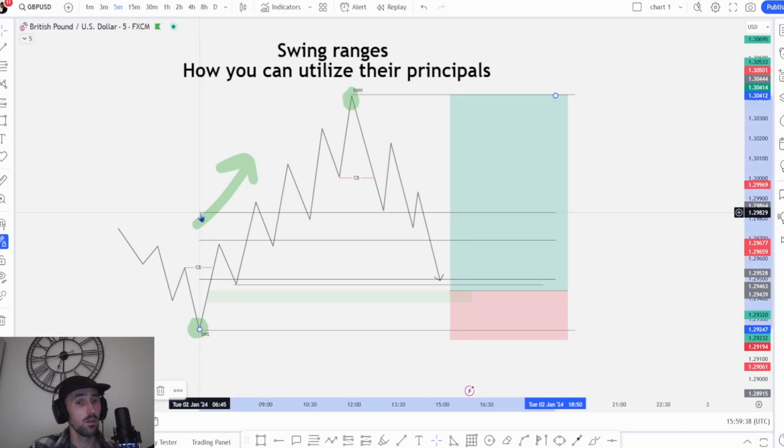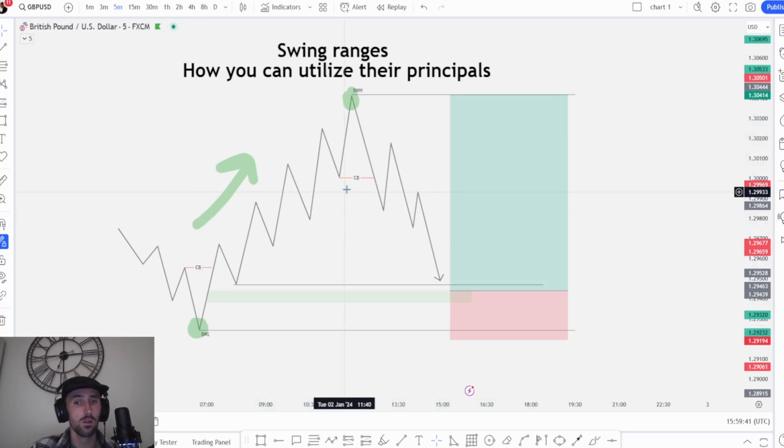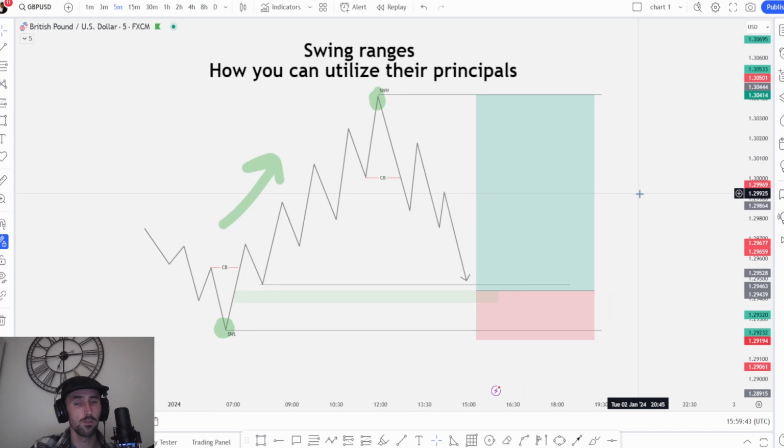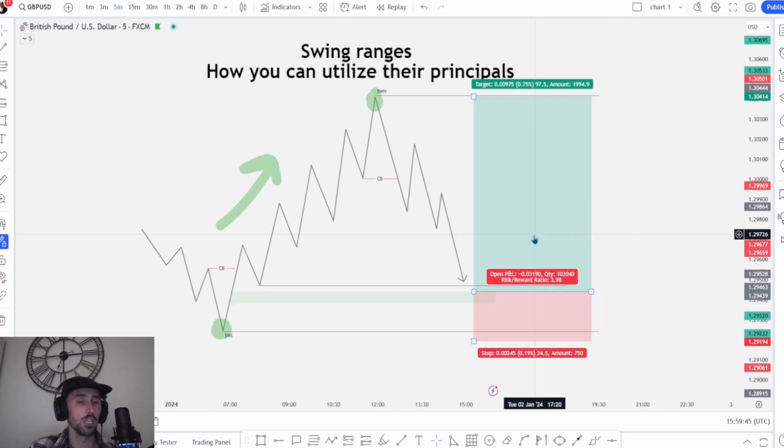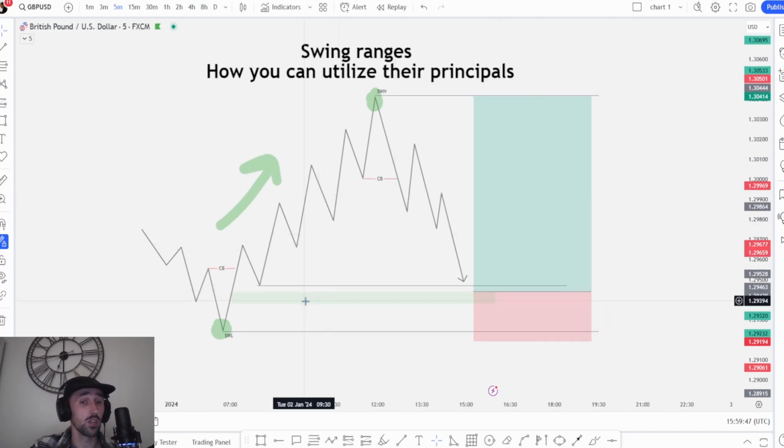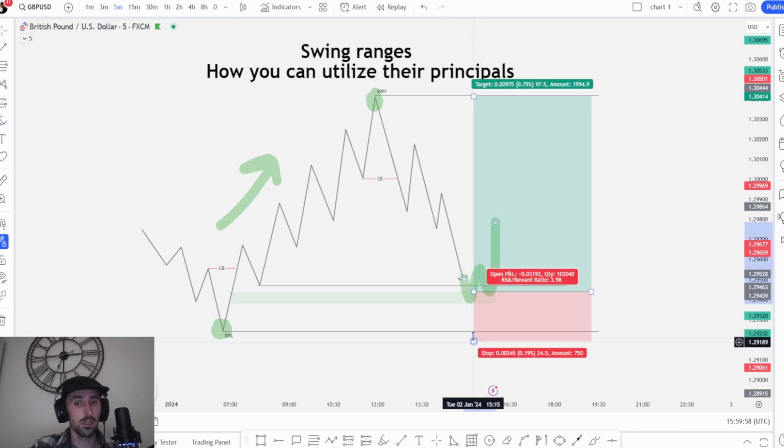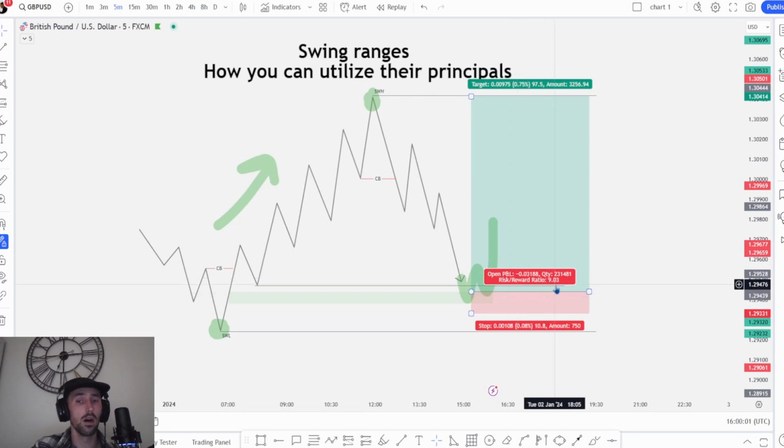So, what is the ideal for any range? The ideal for any range is to locate what we just said here, which is order blocks and liquidity, and then combine them together to refine an entry down to something more along the lines of this, which gives you a much higher RR.